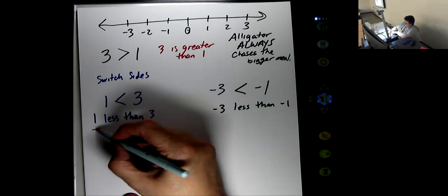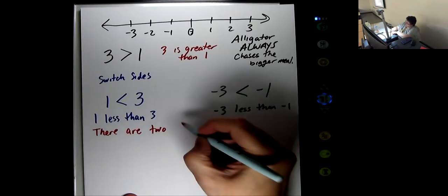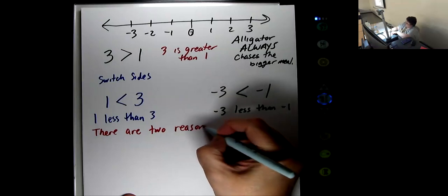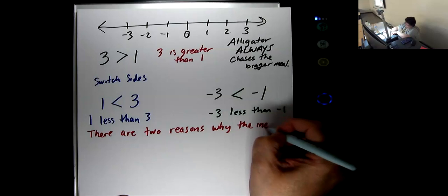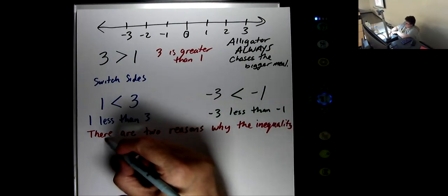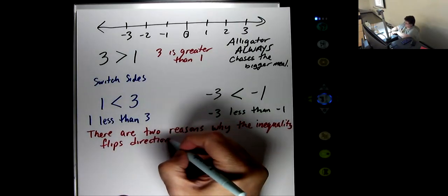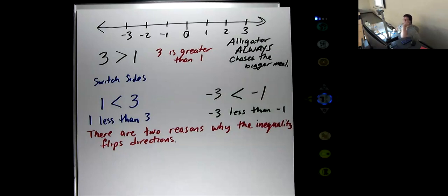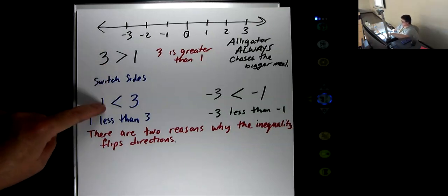There are two reasons why the inequality sign flips directions, because that's what it did: it was greater than up here, and it's flipped directions here.